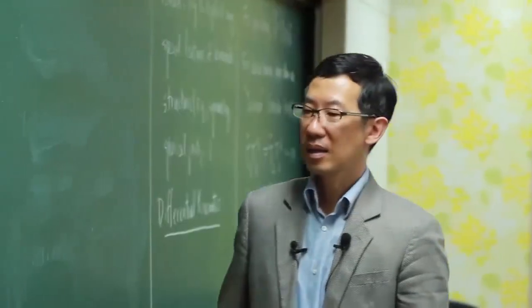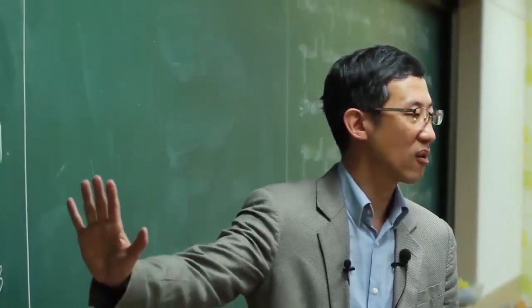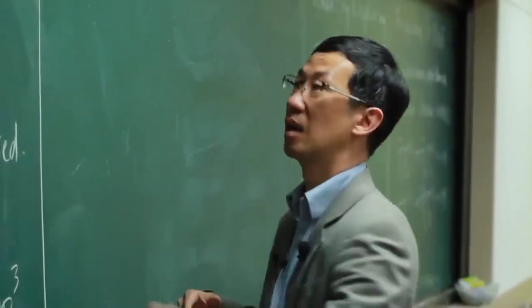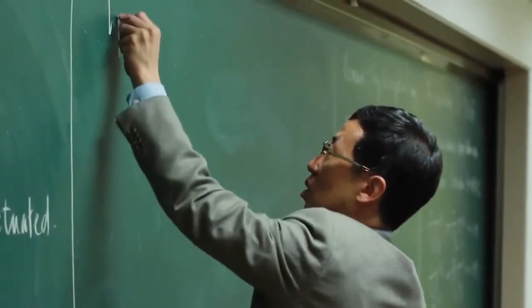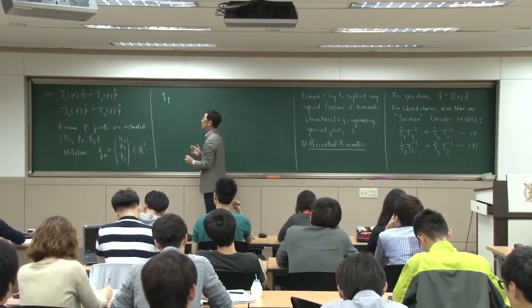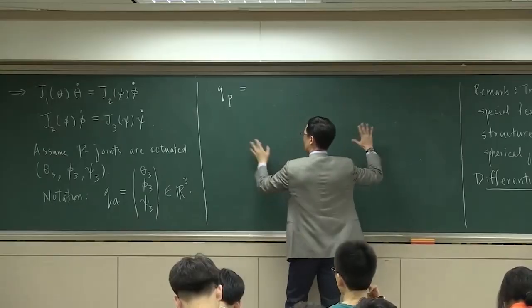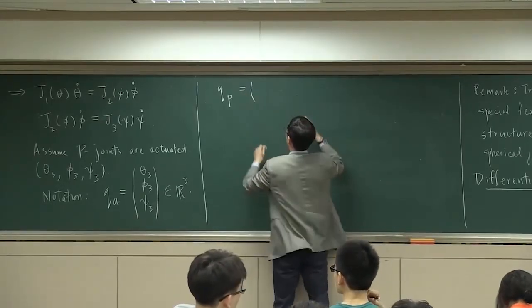And the rest of the joints, how many are left? 12, right? I'm going to use notation QP. Let me write it in row fashion because it's going to get too long.